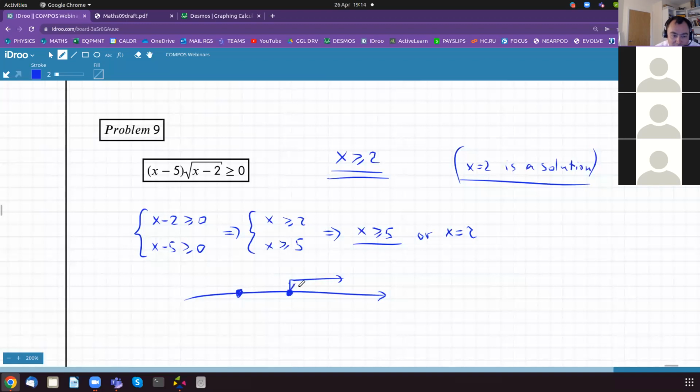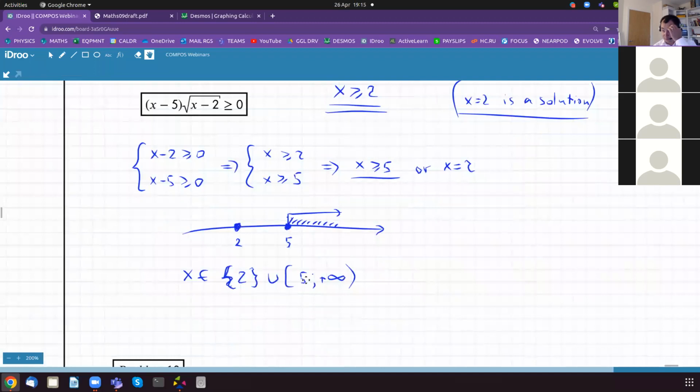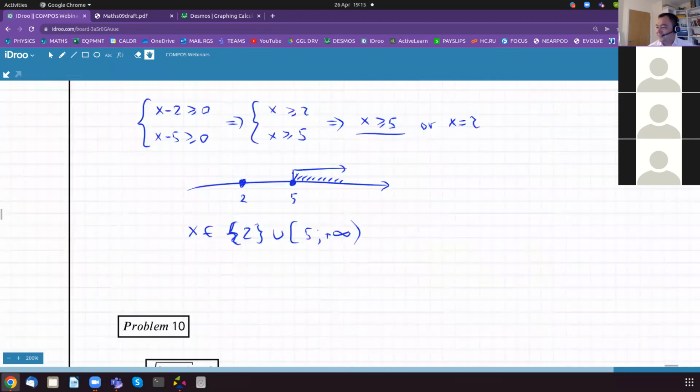So x belongs to the single value 2, this is a figure bracket, or anything from 5 including, to plus infinity. Good. Only three 10s. The rest are thinking or disconnected. No, still here.